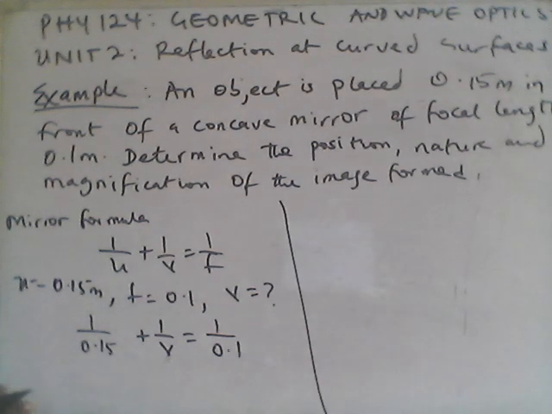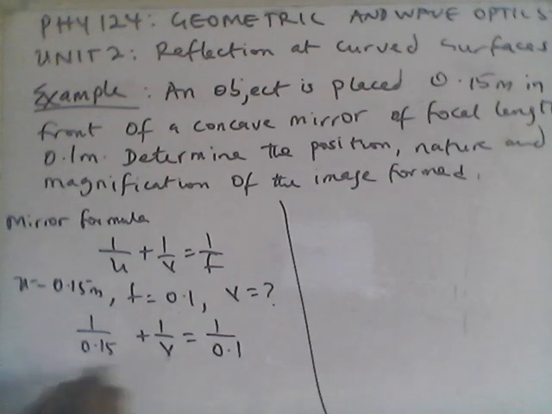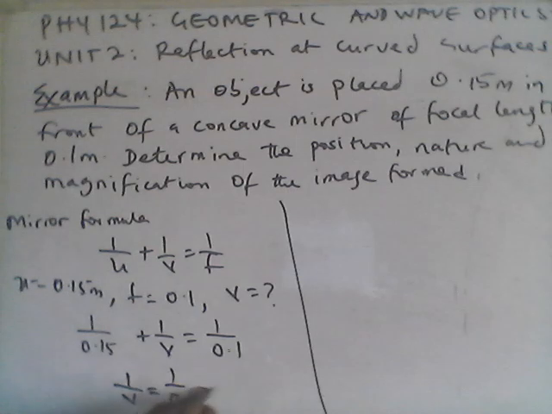At this point it's just mathematics. There are different ways you can solve it. I can decide to collect like terms. So 1 over V is equal to 1 over 0.1 minus 1 over 0.15.